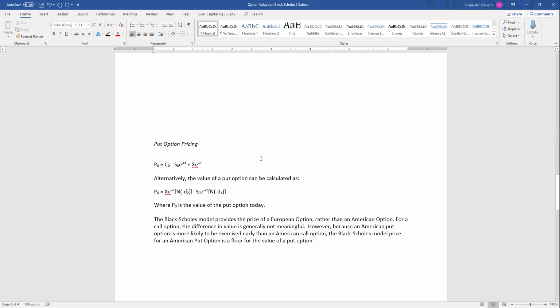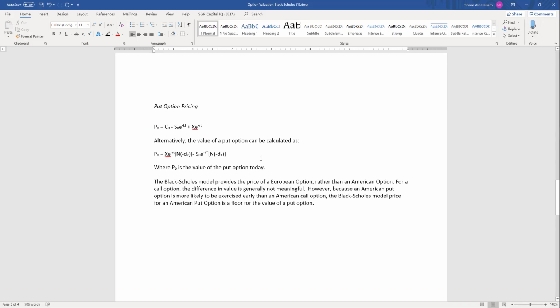So, put option pricing. Again, remember the exercise value of a put option is equal to the maximum of X minus S, or 0.